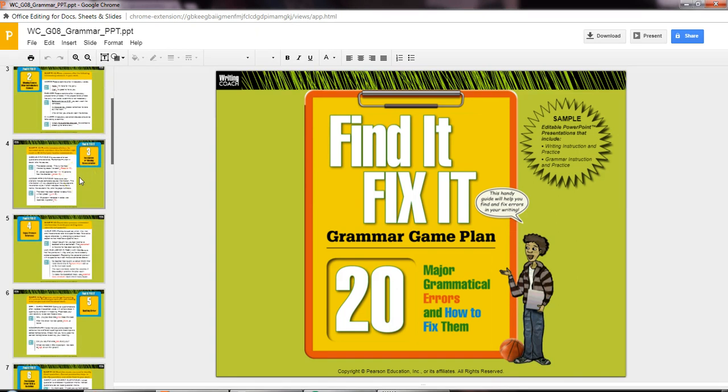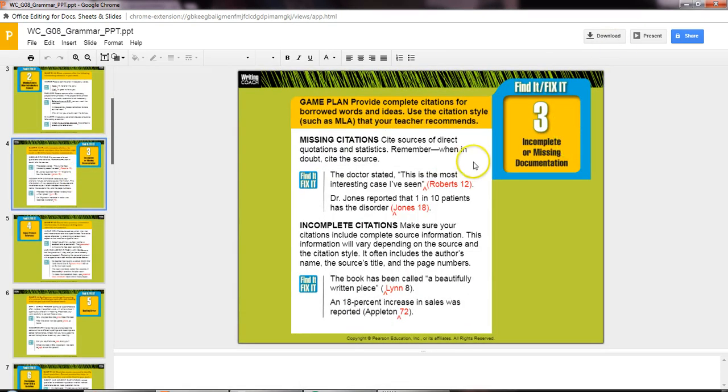We'll come down here, we'll look at number 3, and number 3 says it is an incomplete or missing documentation. So you need to provide citations for borrowed words and ideas. This writer borrowed words from a famous document, the Constitution of the United States, and they did not cite it.